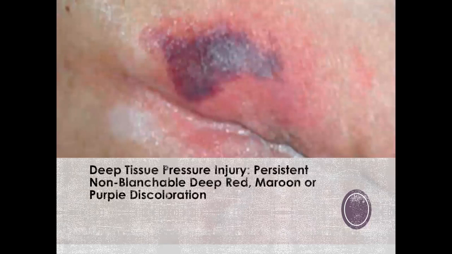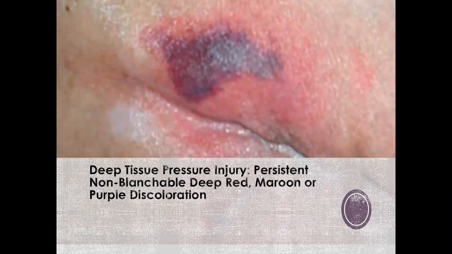Our deep tissue pressure injury is a persistent, non-blanchable, deep red, maroon, or purple discoloration. When we see this, it is a suspected deep tissue pressure injury. This classification was added in 2007. It's an area of intact skin that's purple or maroon, or it can have a blood-filled blister, like a stage 1 pressure injury.